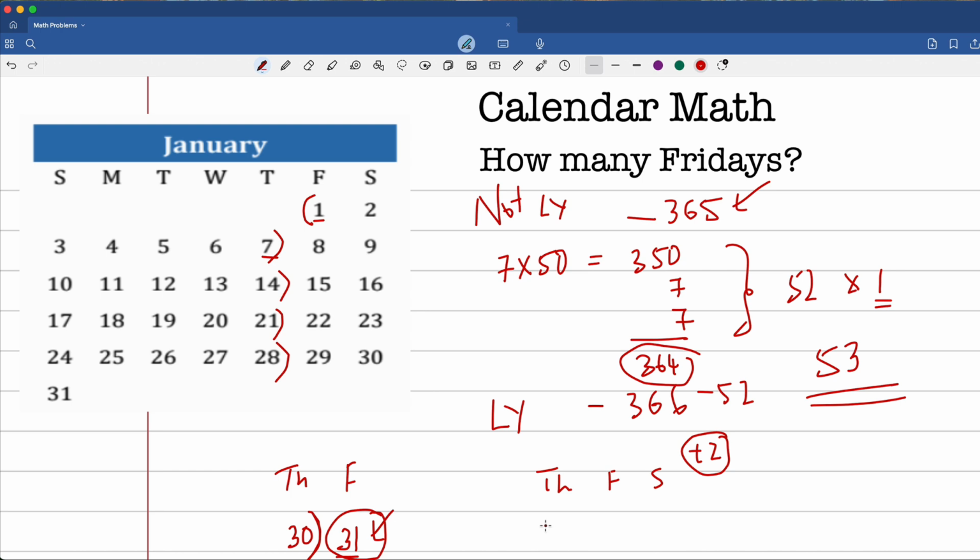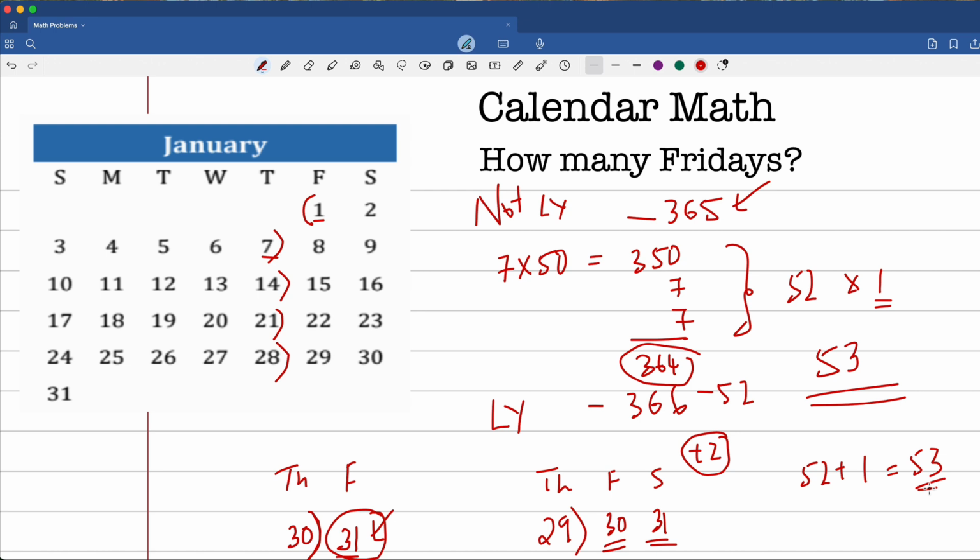We know that the 29th of December in this case would be a Thursday, the 30th would be the Friday, and the 31st would be the Saturday. So even in this case, you would still have 52 weeks, and since the 30th is a Friday, you would still end up adding 1, making it 53. So in essence, in this problem, it doesn't matter whether it's a leap year or not. The answer would still remain the same.